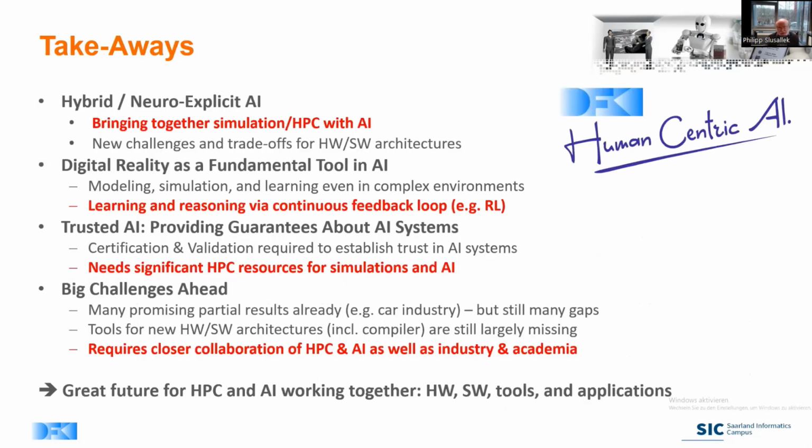So to wrap up, what I tried to talk about today is in particular this notion of bringing symbolic or explicit compute models together with neural models. So, using the explicit models of the geometry of pedestrians and so on, bringing this together in many other aspects with the training of neural networks, and how simulation and high performance computing play an important role here for AI.